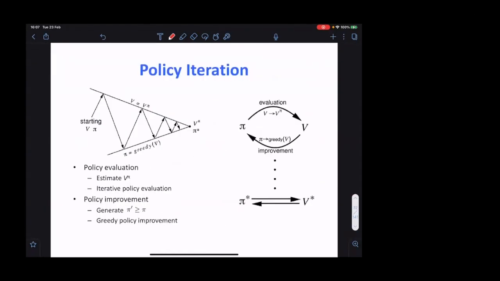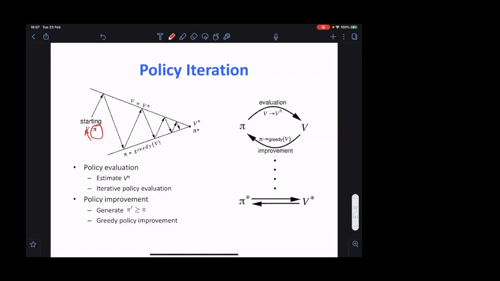This can be illustrated by this diagram. You start with a random V_n^pi. Policy iteration is that, given this pi, you update the value, making sure it represents the evaluation of the policy.